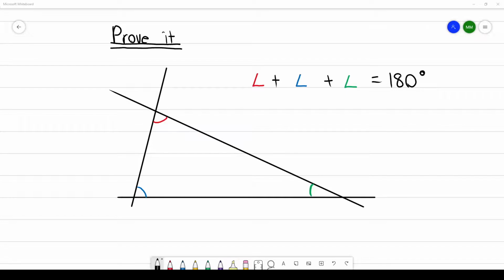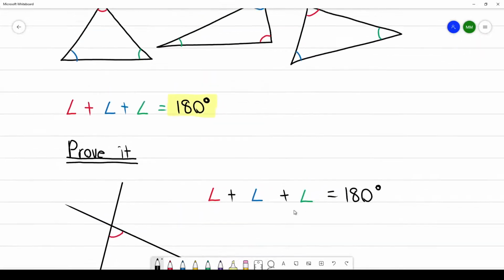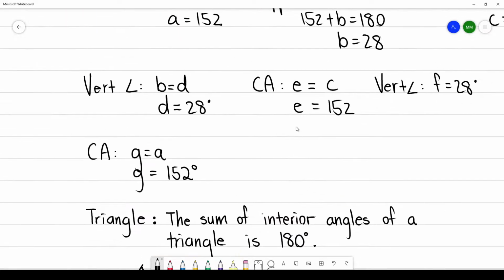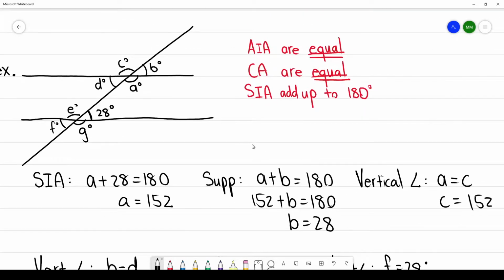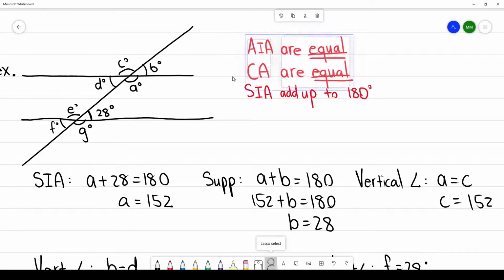So to prove this, all you need to use, let me see. Actually, all that you need are these two. Yeah, you don't even need the third one.